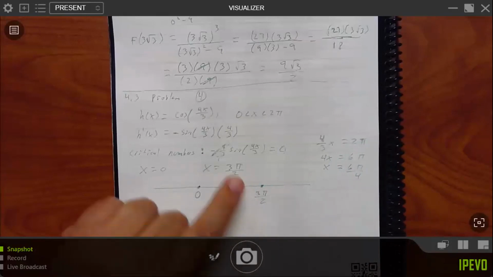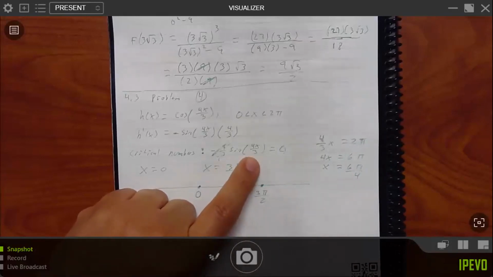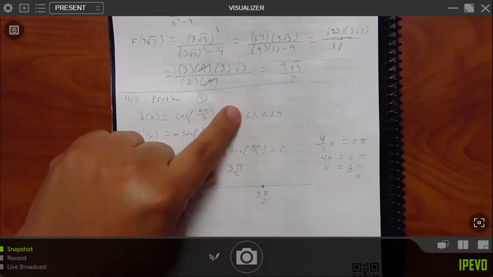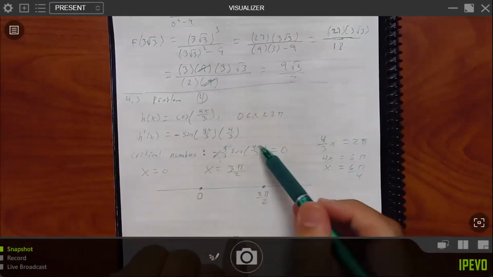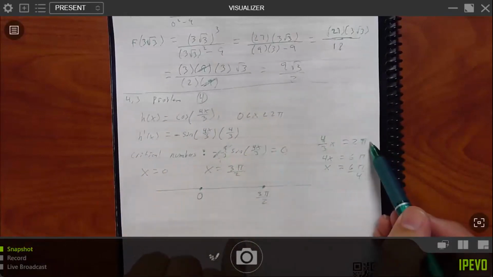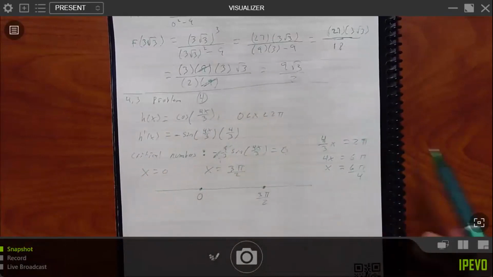Yeah, I guess my thought process was, how do I make this inside part? Because remember, right when we started, we said we know when sine is 0, right? Sine is 0 at 0 and at 2 pi, but this is not a normal sine. The argument has been changed, so now the question is, well, how do I make that argument 2 pi? I see. So basically, it's okay. Yeah.